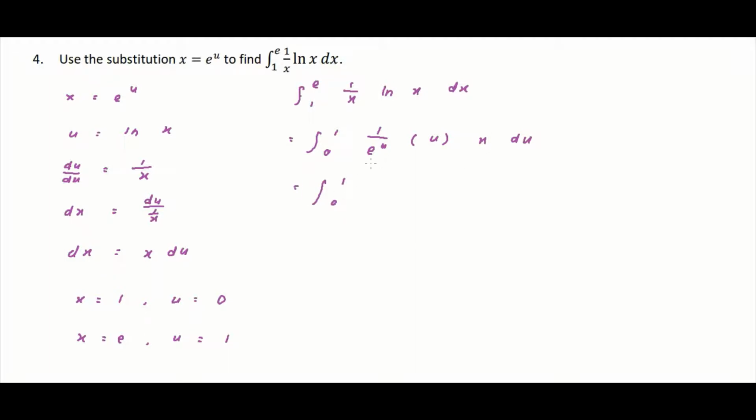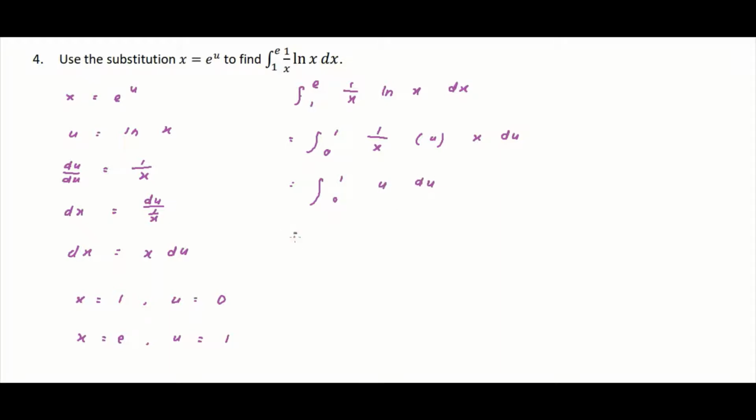Or in the other way, if you don't want to change this, what you can realize is I have this term which is originally x, then I don't change it. So 1 over x, what is ln x? ln x is u. Correct? Then what is my dx? My dx is x du. So you can see that 1 over x multiplied by x, you get 1. So this is how I eliminate it. So 0 to 1, and then u du.